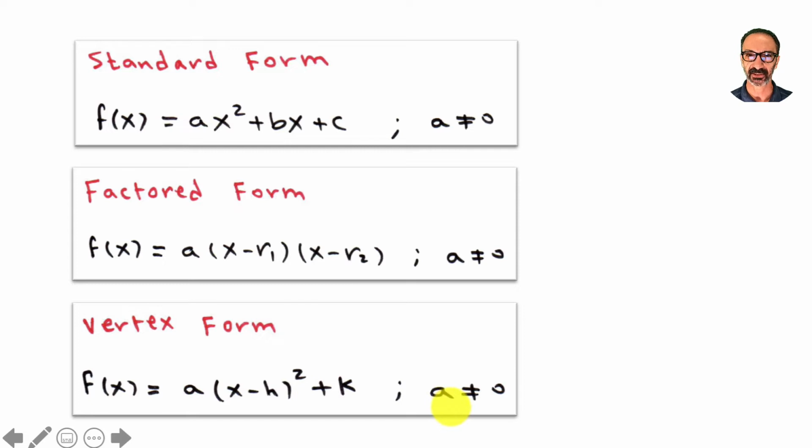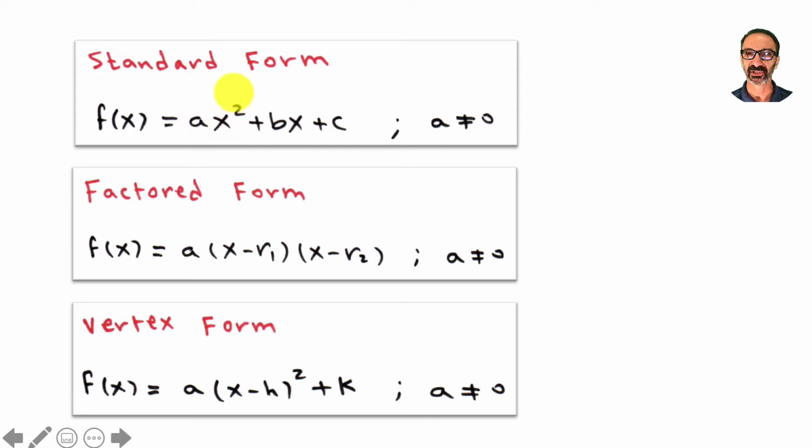Also, a cannot equal 0. Notice that in all of them, a is the same. They're having the same letter a, or coefficient, leading coefficient term. And in all of them, a determines if the graph opens up or opens down.